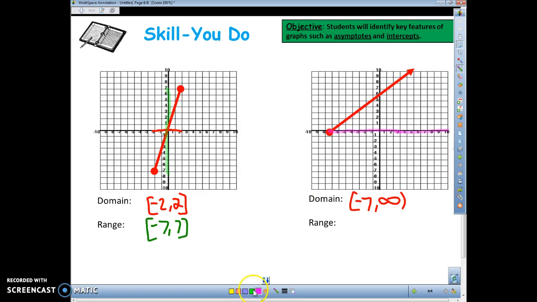Talking about range, my lowest value for my range is 0, and I have an arrow going up, so that goes all the way up to positive infinity. So this value will be 0 to positive infinity. Notice with infinity, we always use parentheses, right? I can't include that value, and my starting point is included, so I use a bracket on that one.